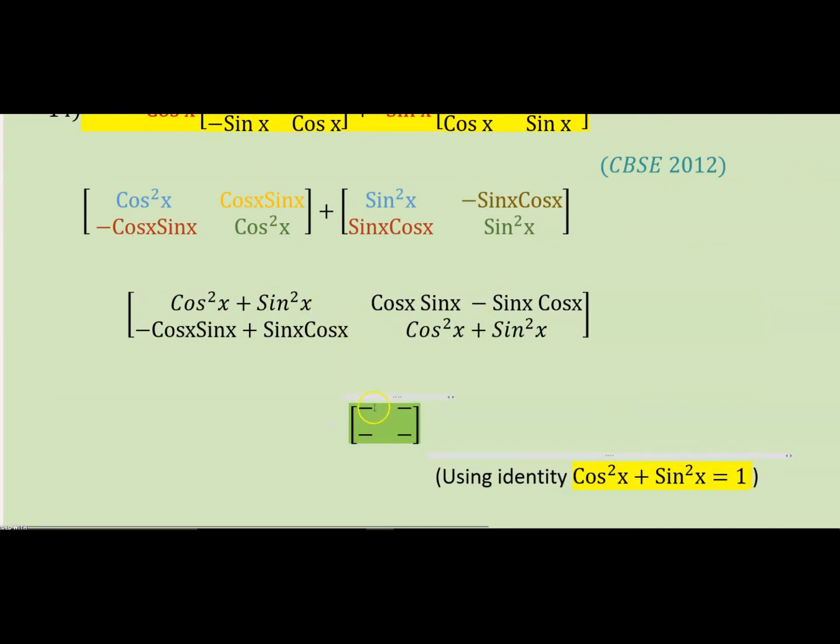So I'm just putting the value here, that will be 1, and this one again as 1. Now what is this? Cos x sin x minus sin x cos x, both are same with opposite sign, so it will be cancelled, right? So here we can write it as 0. So the answer is identity matrix.